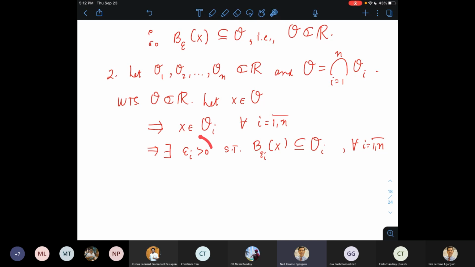That's why I need to be extra careful with that. And I will put a subscript to denote na posibleng iba-iba yung epsilon sa bawat isang big O sub I.